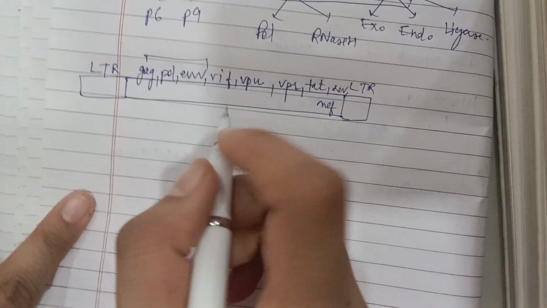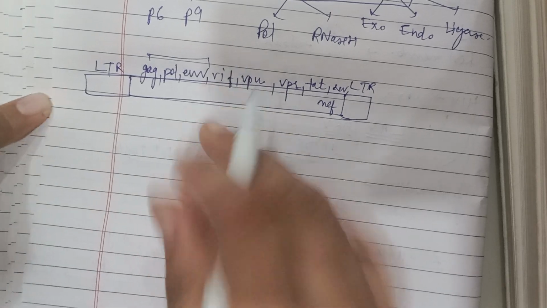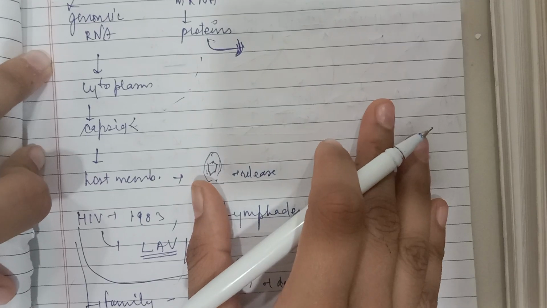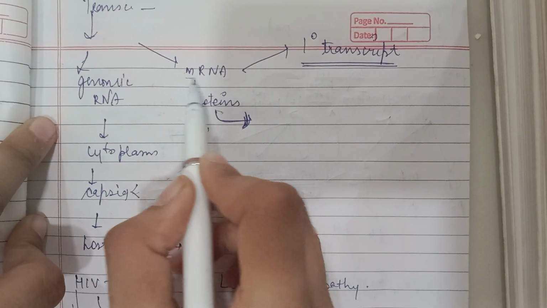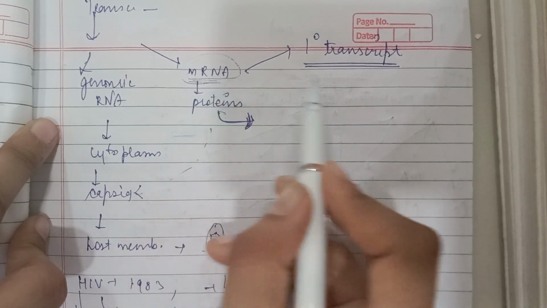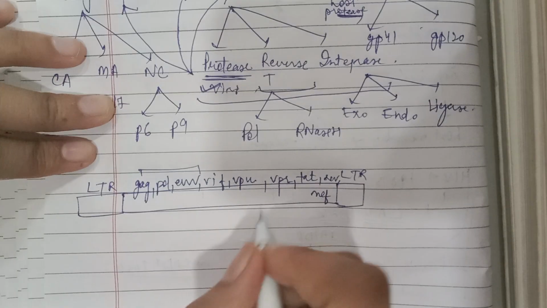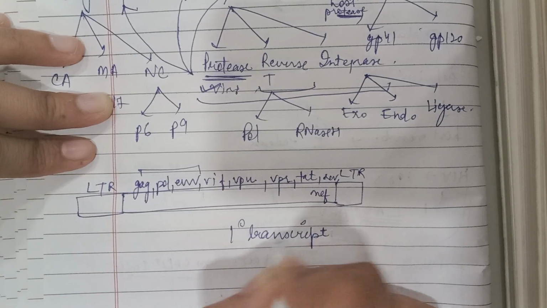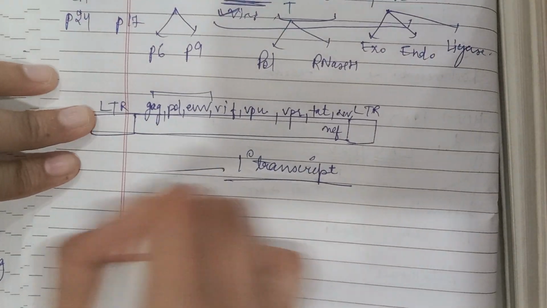Now, when it is encoded, the mRNA is synthesized on transcription. This mRNA is synthesized in the form of a primary transcript. Now, this primary transcript may be spliced or it may not be.